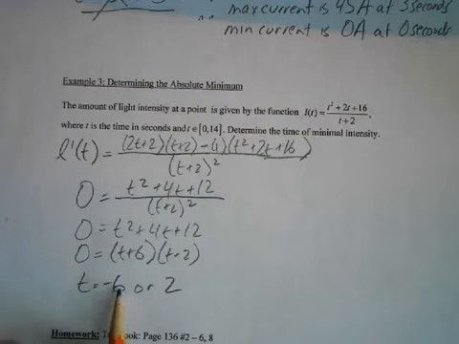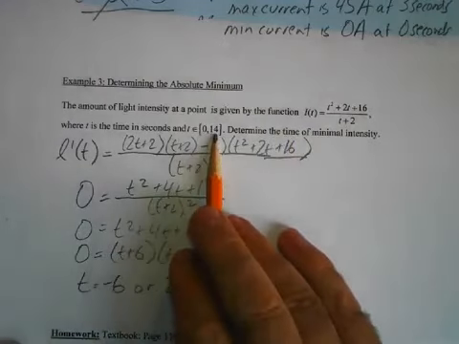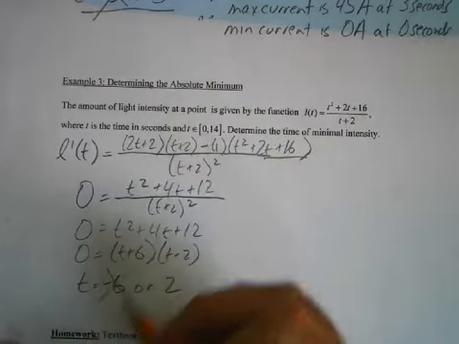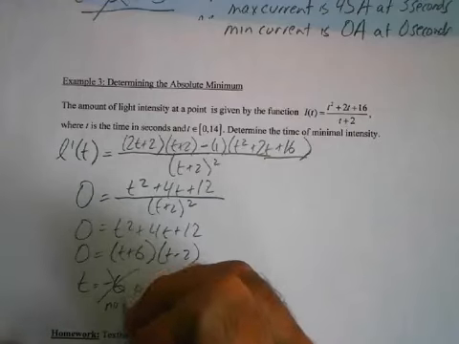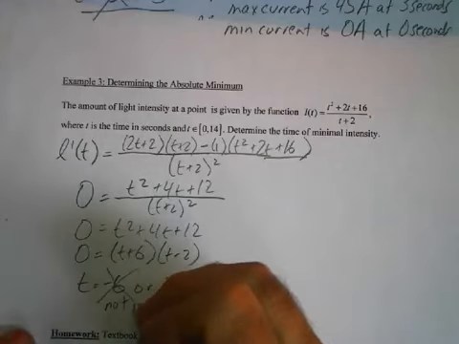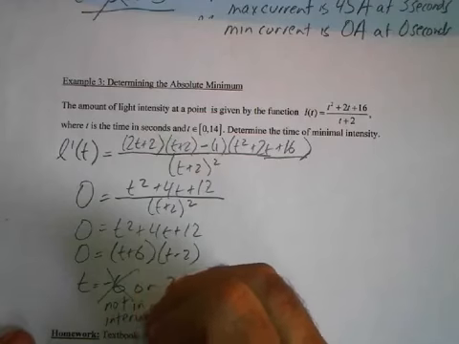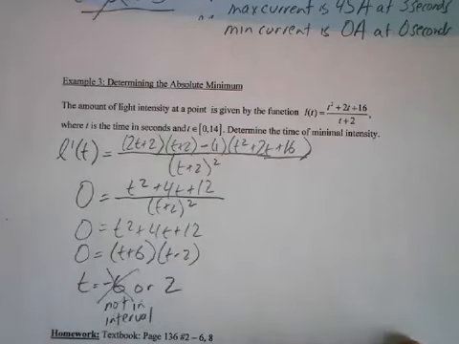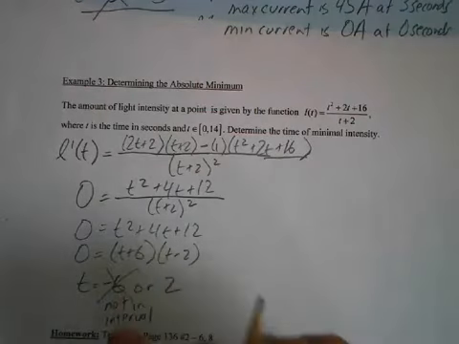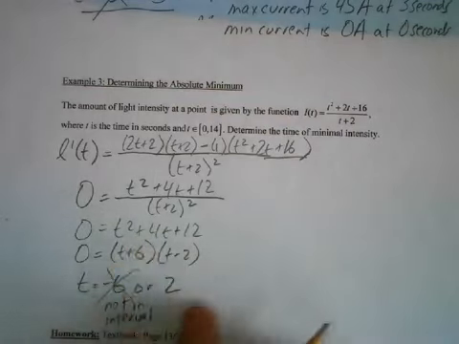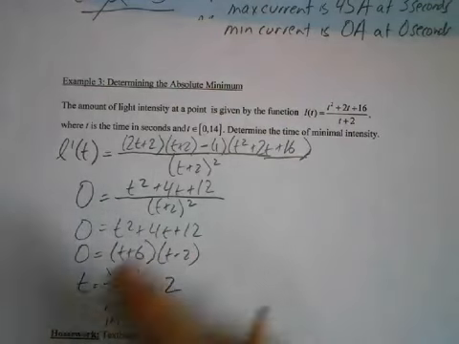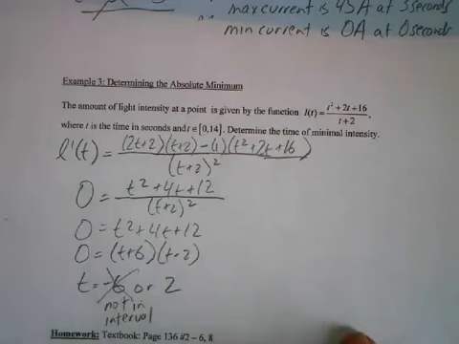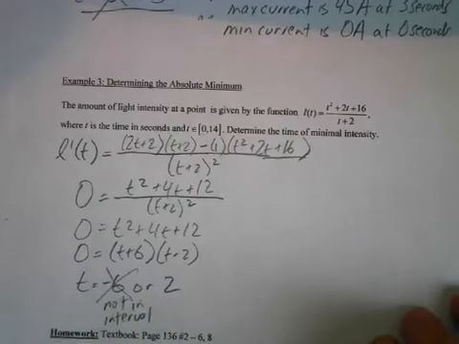Okay, and again, we're looking for the interval 0 seconds to 14 seconds. So if you wanted to be official, you could say not in interval. I don't expect you to do that, but you definitely have to cross it off, that you've actually calculated that, but it's not being considered for some reason.